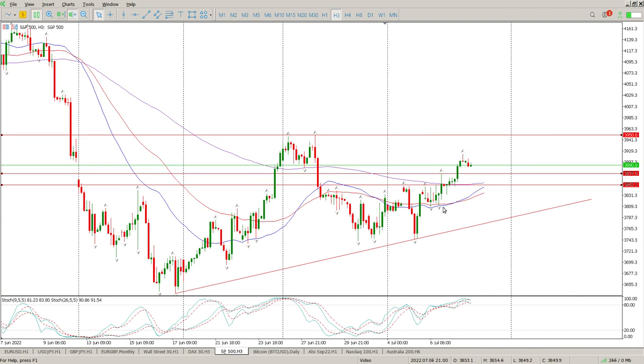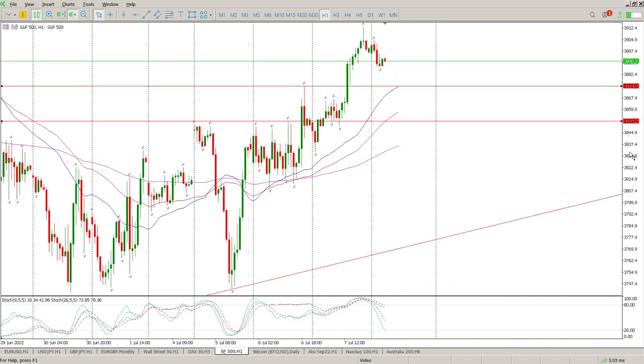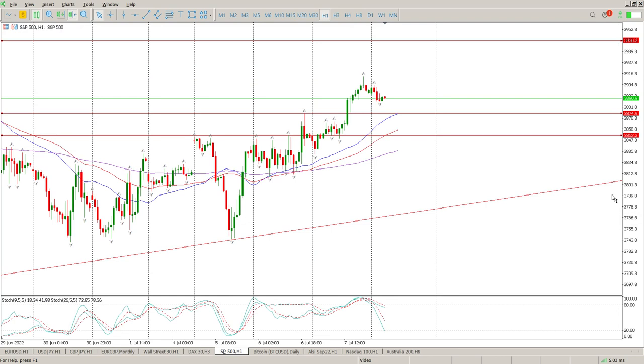But important to note that we do have a crossover of the moving averages. What we want to see now is we want to see that holding. And if it starts to hold, then we are looking for opportunities to buy. So at the moment, if we get down to the hour, remember we do have non-farm payrolls coming out today. First thing to notice is look at the oscillators.